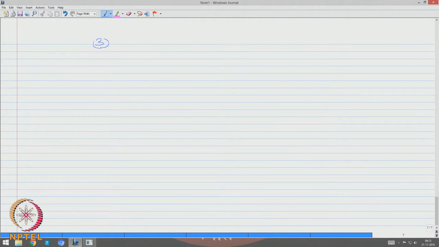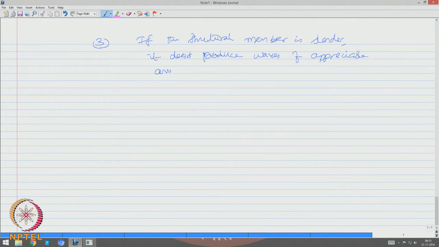The third assumption, if the structural member is slender, it does not produce waves of appreciable amplitude by their motion.